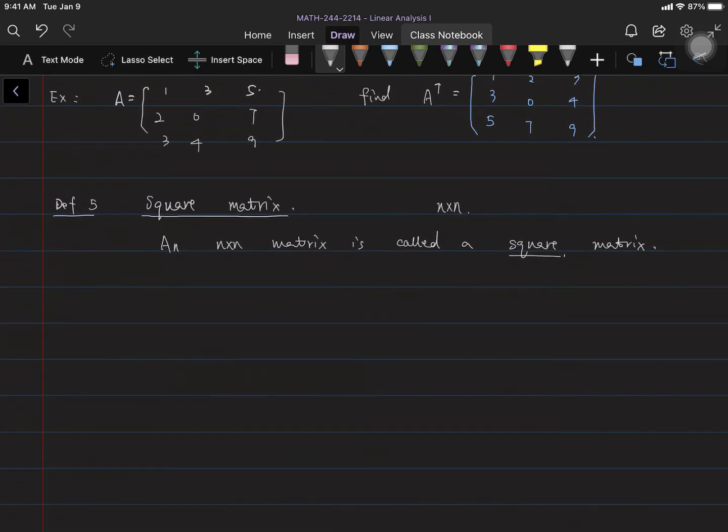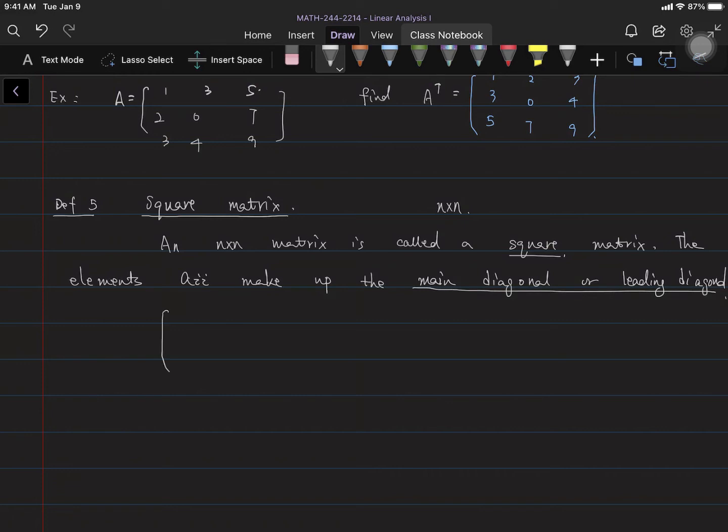Okay, and the elements a_ii, that means what? a_ii is called the main diagonal or leading diagonal element, because they are in the diagonal position, like a_22, a_33.